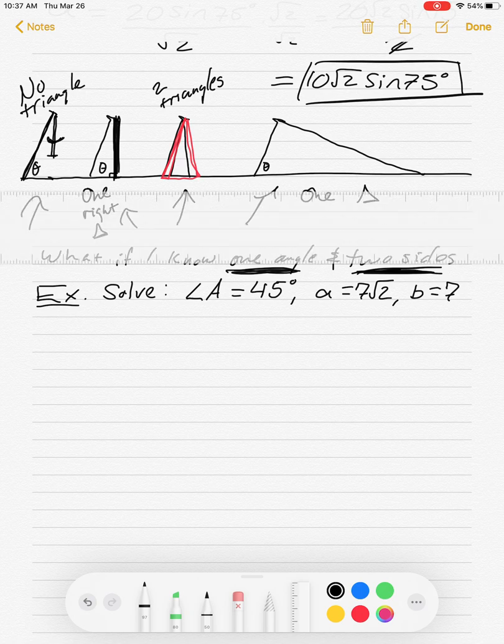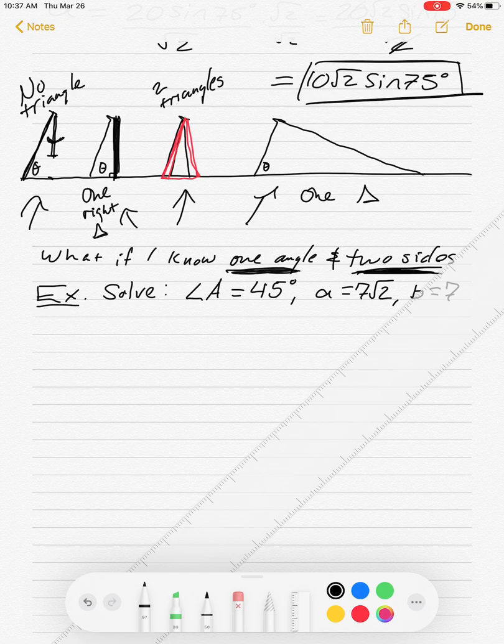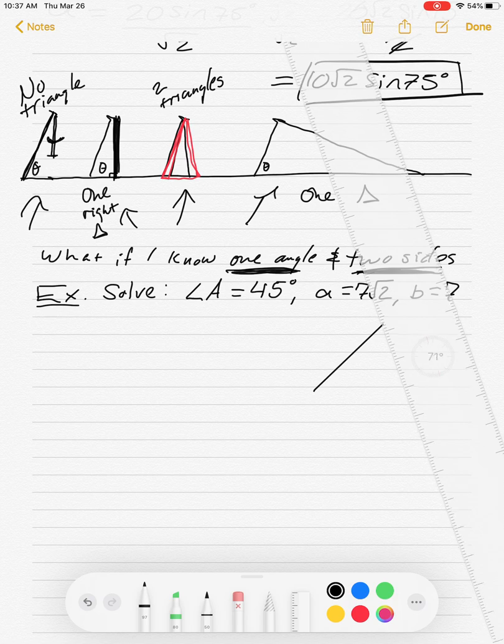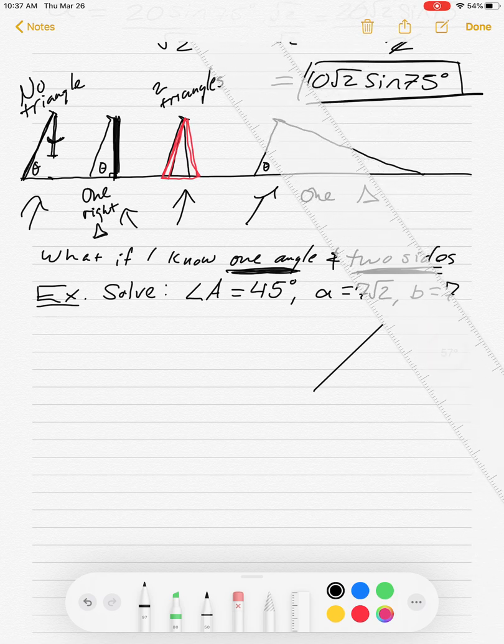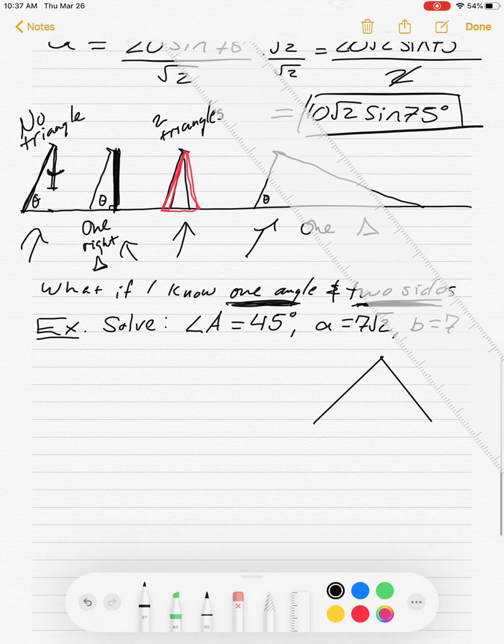So I like to set up a triangle. I'm going to try this fancy ruler. So I'm really just starting with a generic triangle.